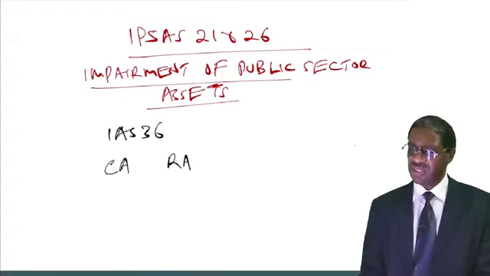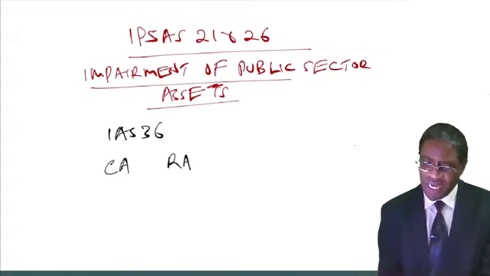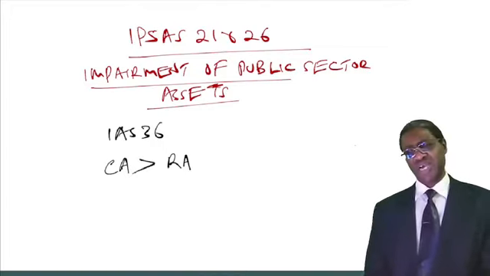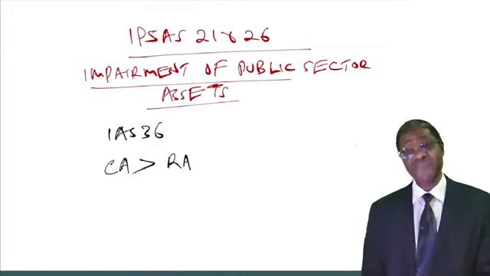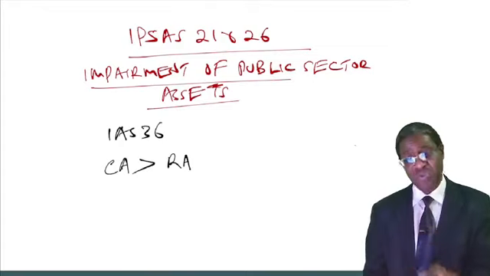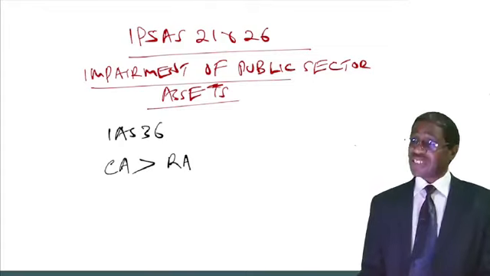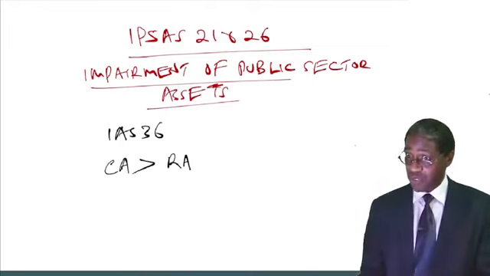And we were saying, if the carrying amount of an asset is higher than its recoverable amount, then we say that asset has suffered an impairment loss.